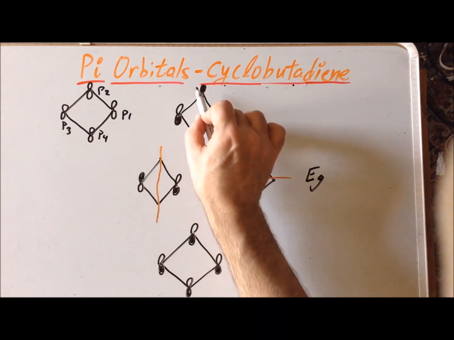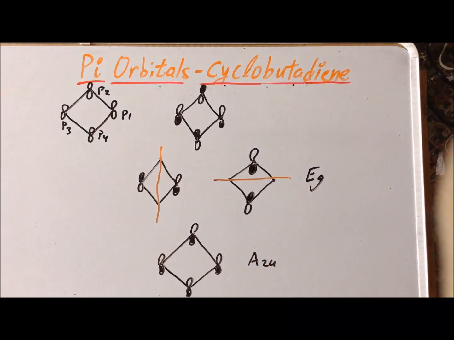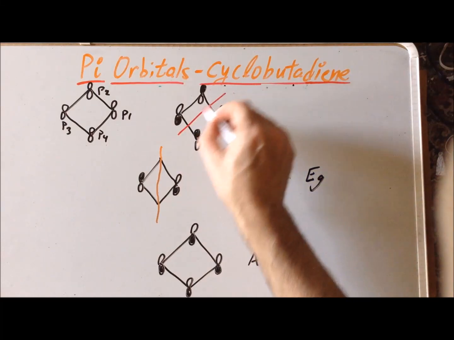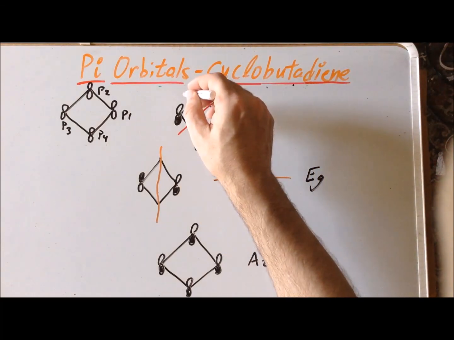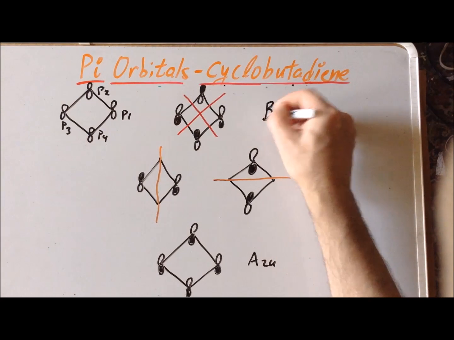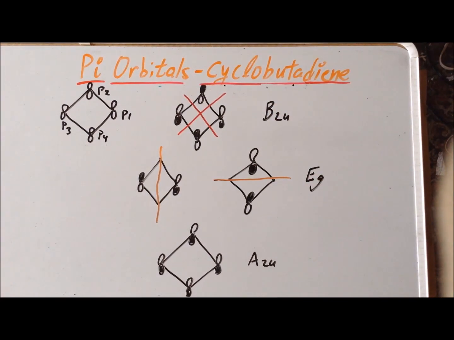So we have positive phase, negative phase, positive phase, negative phase. So in this particular example, now we end up having two nodes. So we notice we go from positive to negative phase, so we must have a point where we pass through 0. And similarly, we have a second node here. So this is the B2U combination, which is the highest in energy.